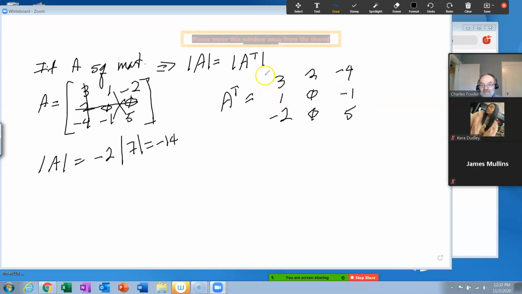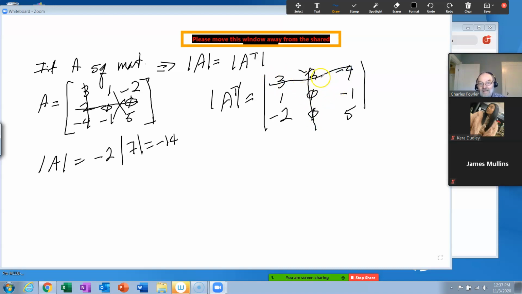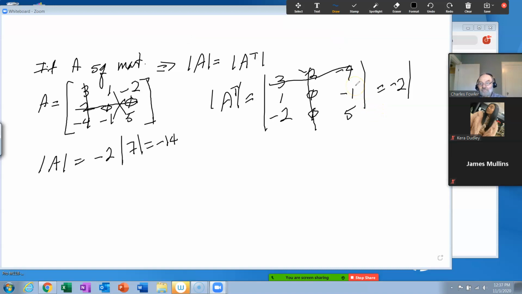Now if we're doing the determinant, guess what? You do the same thing we did before. Pick this row and that column, and that again is in a negative position, so it's going to be negative 2 times the determinant that's left over, 5 minus 2. Well, it would help if I could multiply.